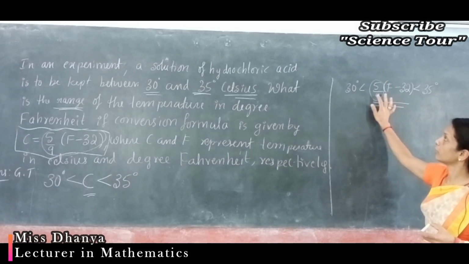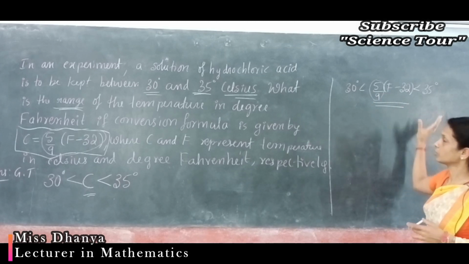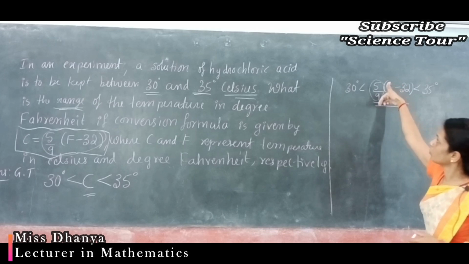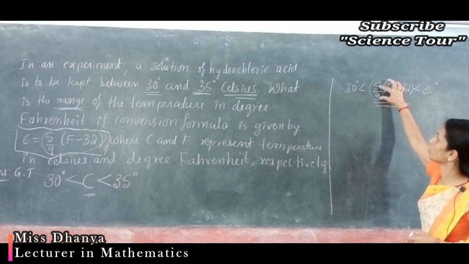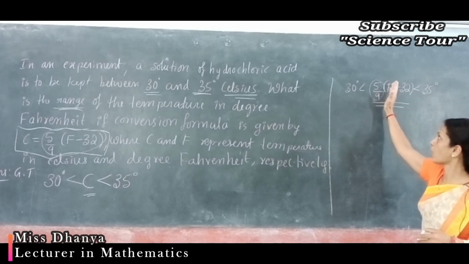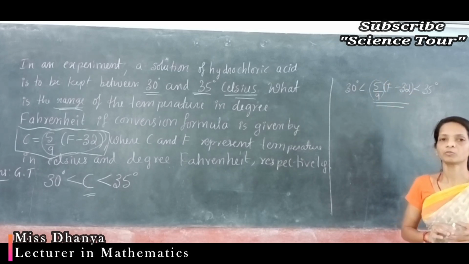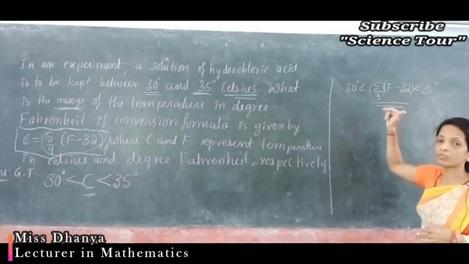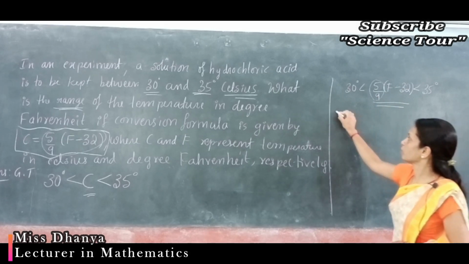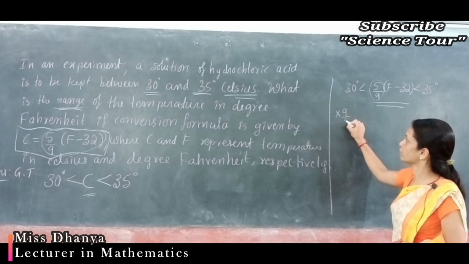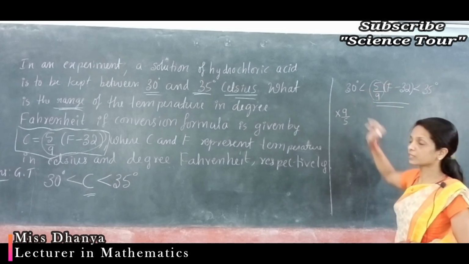To cancel that, you have to divide throughout by the same number, or otherwise multiply by the reciprocal of this number. Suppose you have some fraction; to cancel it, you multiply by the reciprocal of that fraction. So we multiply by the reciprocal of this fraction, that is 9/5.